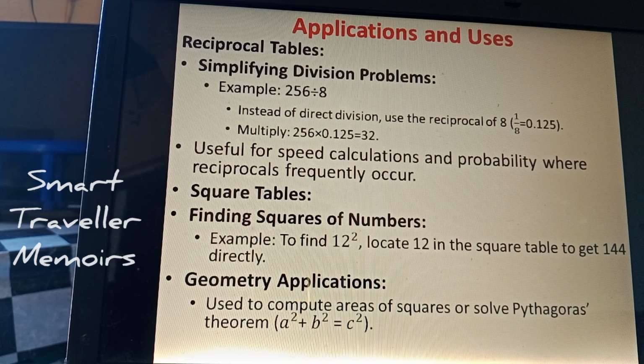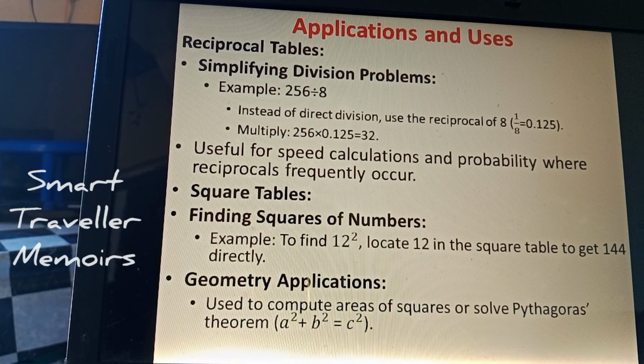Okay, it was actually 256 divided by 8. There was an error there which I've corrected. So instead of direct division, use the reciprocal of 8, which is 1 over 8, which is 0.125. You multiply 256 by 0.125, you get 32.